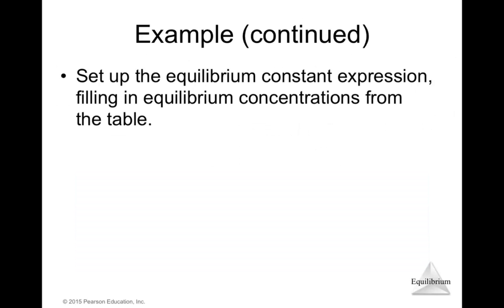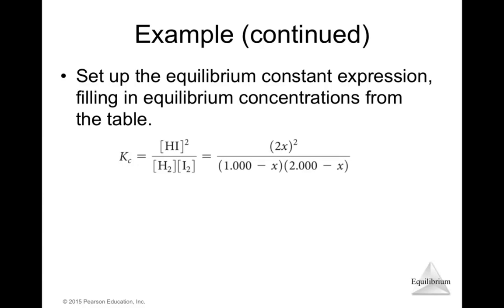So let's set up the equilibrium constant expression, filling in the equilibrium concentrations from the table. So this is the expression of the equilibrium constant. By looking at the table, the concentration of HI at equilibrium is 2x, so it'll be 2x squared. And the concentration at equilibrium for hydrogen is 1 minus x, and for iodine is 2 minus x.